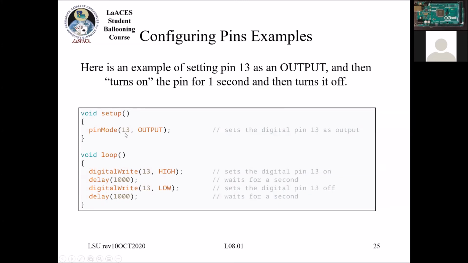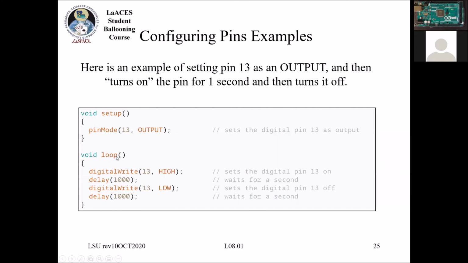I tell it I want pin 13, and then comma, and you'll see this is OUTPUT all in caps letters. So that is actually a constant keyword in the Arduino that is basically a predefined variable within the Arduino software.